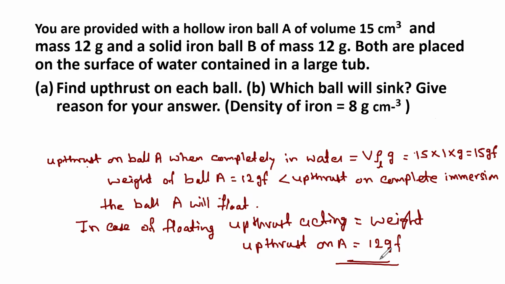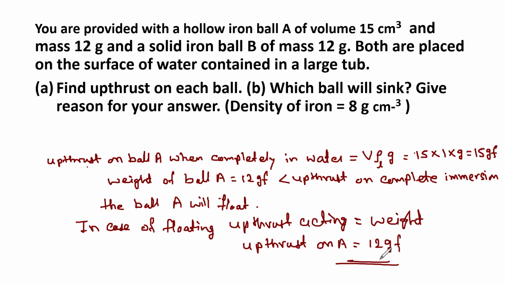So ball A will come up and remain in a floating state at the surface of the water, such that only that much volume will remain inside water whose upthrust balances the weight.